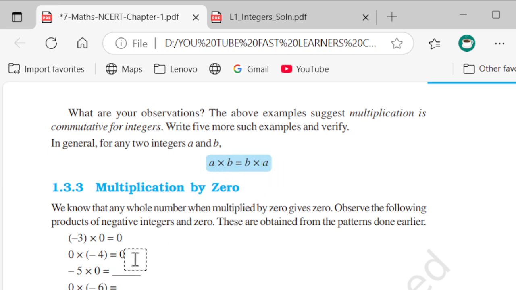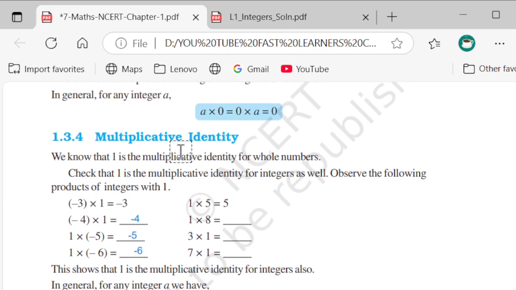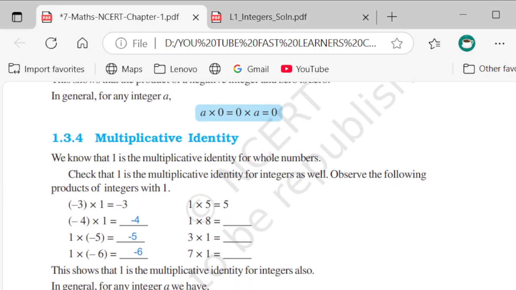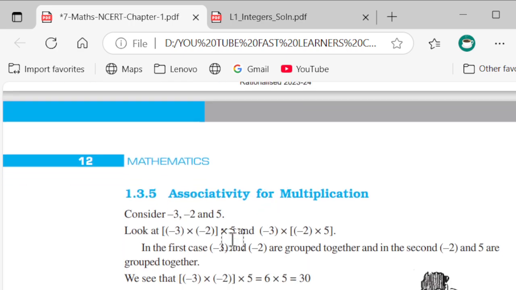Multiplication by 0. Any number you multiply with 0, answer is going to be 0 only. Multiplicative identity, if you multiply any number with 1, answer will be the same number. Let's see associativity.